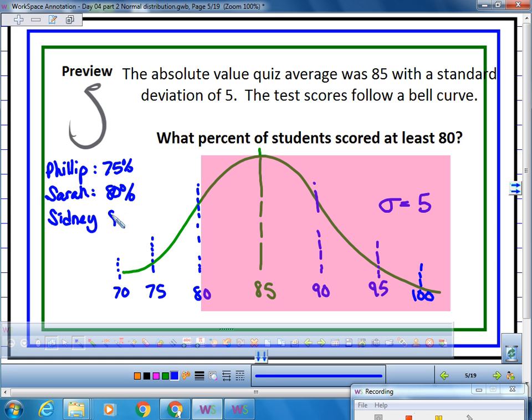Dina, what do you say? 60? Dina says 60. 66? 66. Okay, we're going to find out right now. So there's your prediction, okay? No! You can't change your answer. I want to hear what you guys think you want your answer to be. 70%? I keep it at 80.